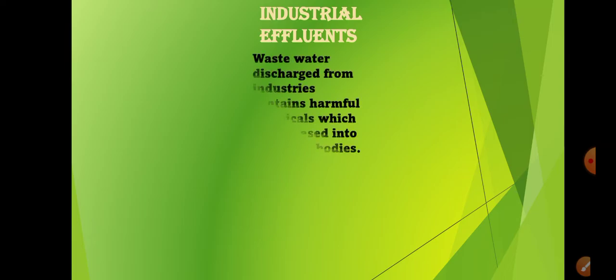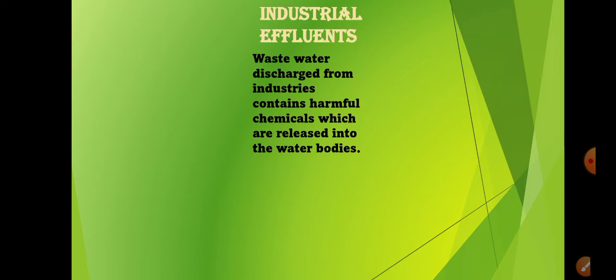Now let's talk about industrial effluents. What are industrial effluents? Let's try to understand. The wastewater that is discharged from the industries, as the name itself suggests, industrial meaning from the industries, and effluents meaning the wastewater.